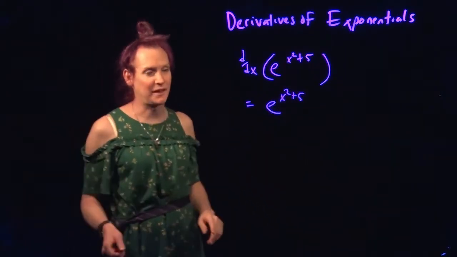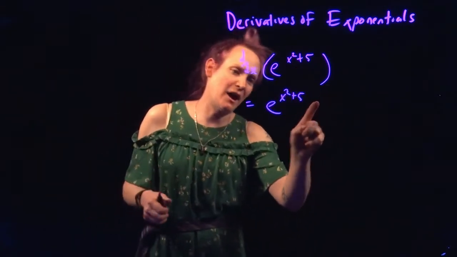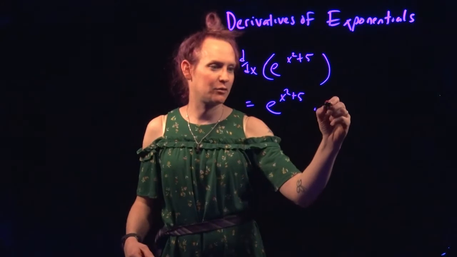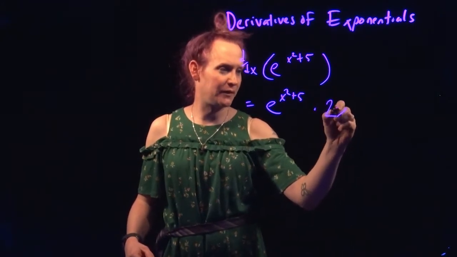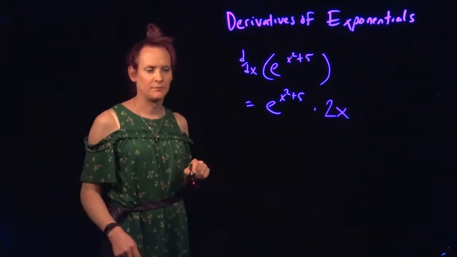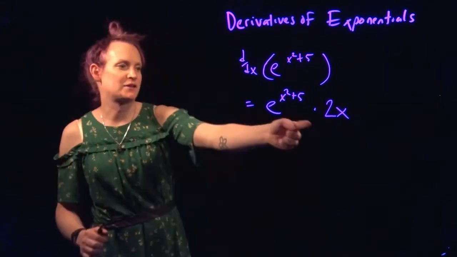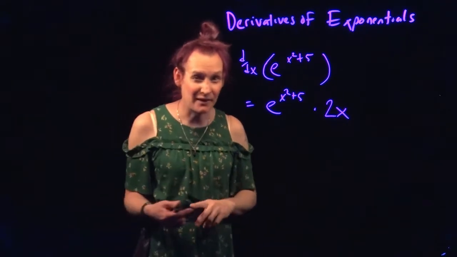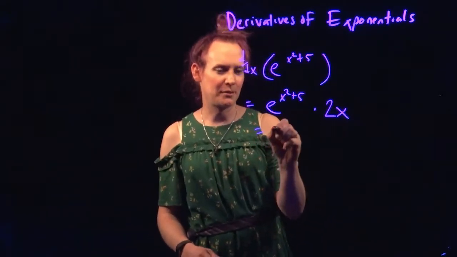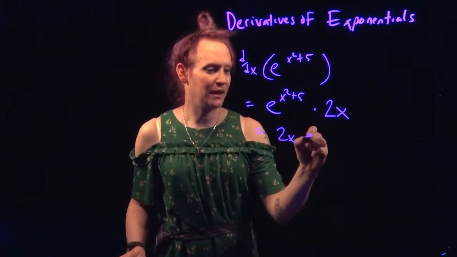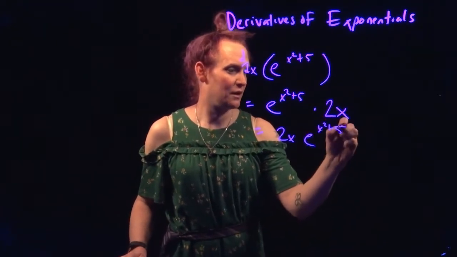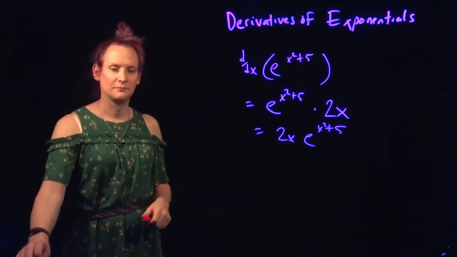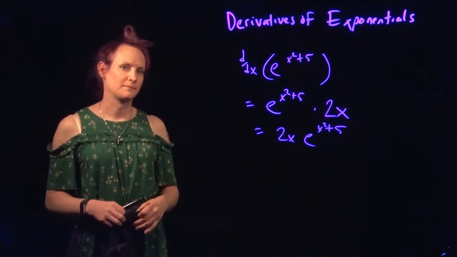It was more complicated. And so I need to chain out the derivative of the part on the inside. The derivative of x squared plus 5 is 2x. And then we usually like to write these things in front so that we don't accidentally put them inside the exponent when we evaluate. So we'd probably write that as 2x e to the x squared plus 5. Dig it?